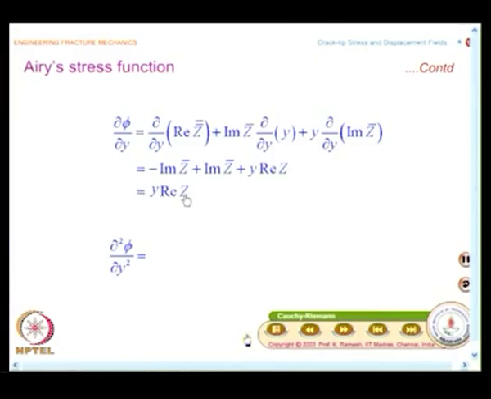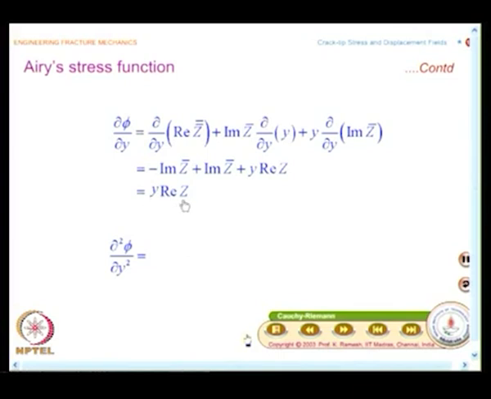You have to be careful and also look at this: when I am differentiating the real part, it switches to imaginary part when I do it with y. When I differentiate with respect to y, you should recognize that this directly comes from your Cauchy-Riemann conditions. The Cauchy-Riemann conditions are very important, you are just using them for finding out all this, nothing more or nothing less.